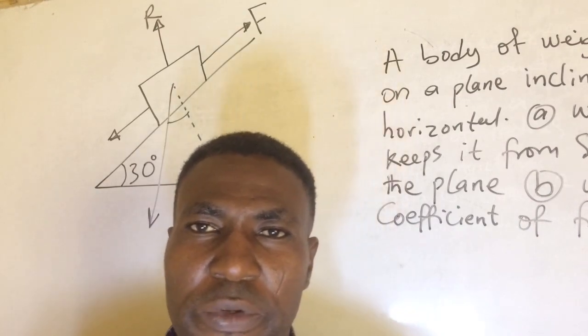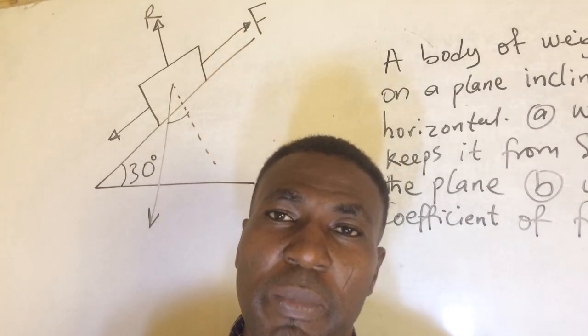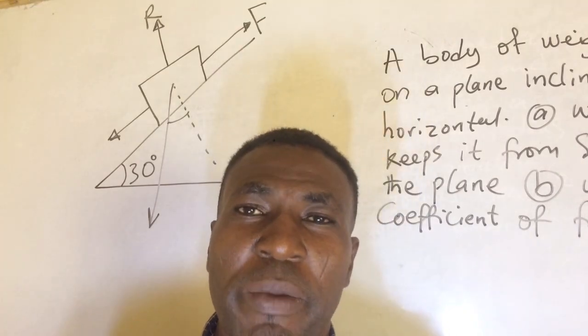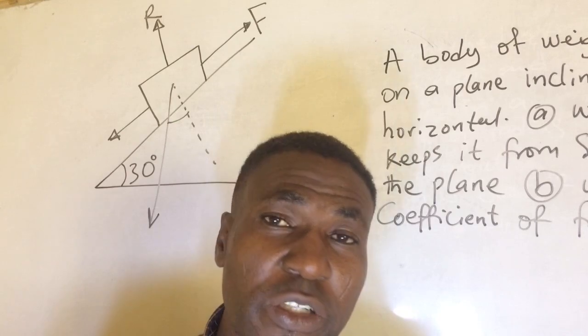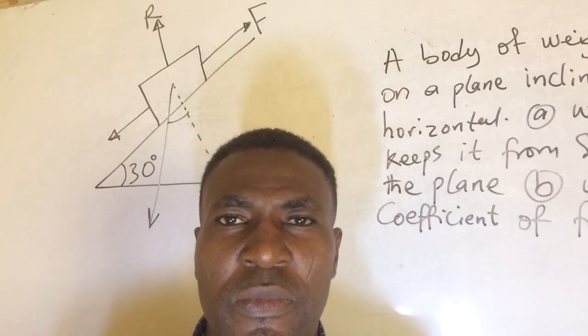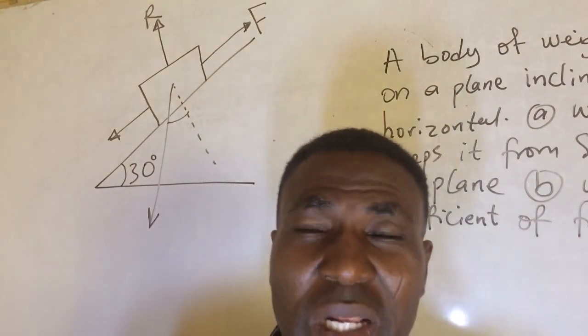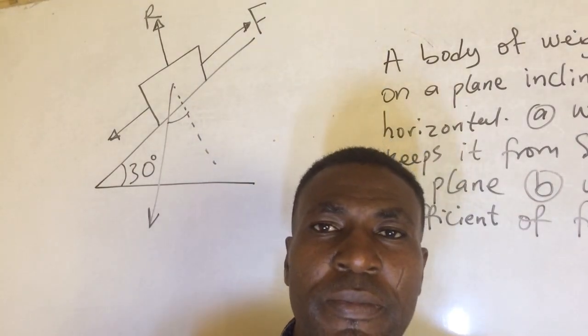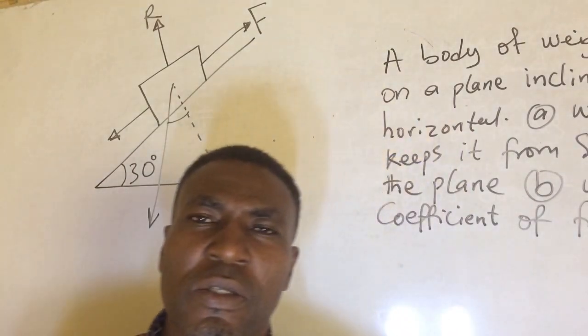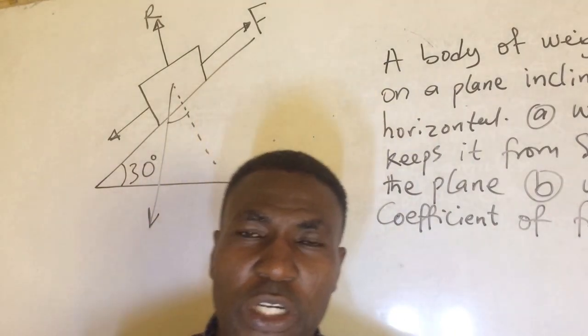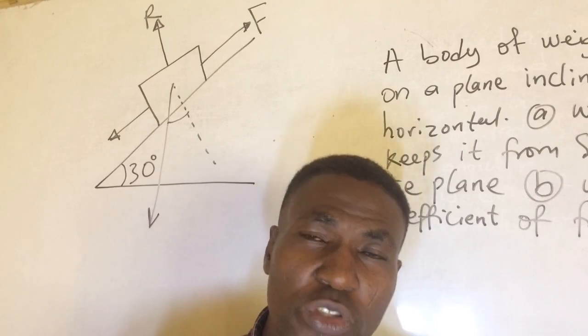If you try to walk in a slippery place, you cannot walk comfortably because the friction there is not much. So if you try to move, the place will slide you, leading to a fall. So it is this friction that opposes motion.